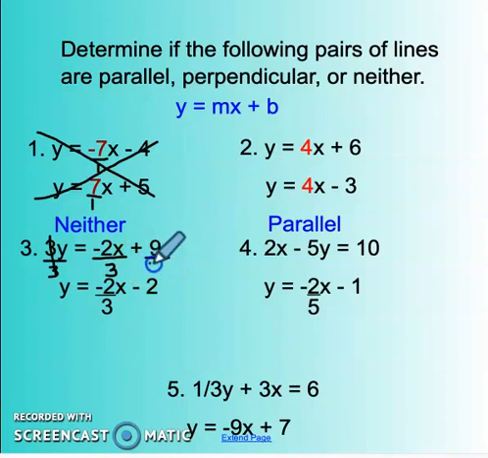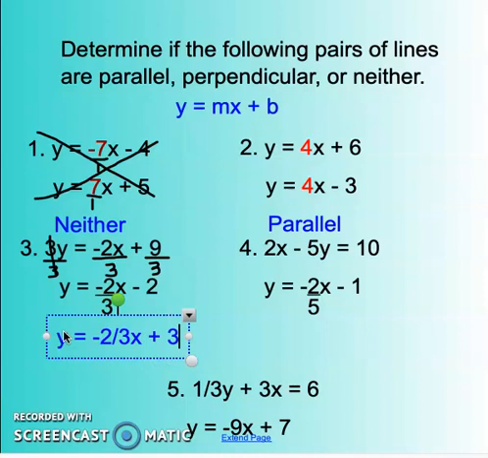And so I'm going to divide each thing by 3. And what do we get? Well, now our equation is y equals, well, negative 2/3 is going to stay the same. I can't simplify that any further. But 9 divided by 3, I can simplify that to just 3 wholes.